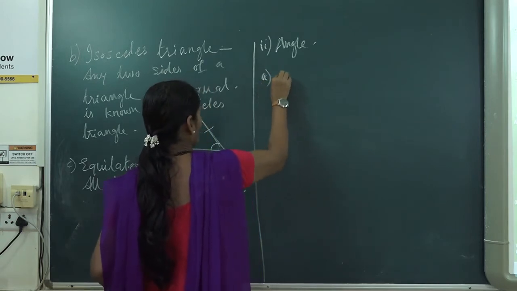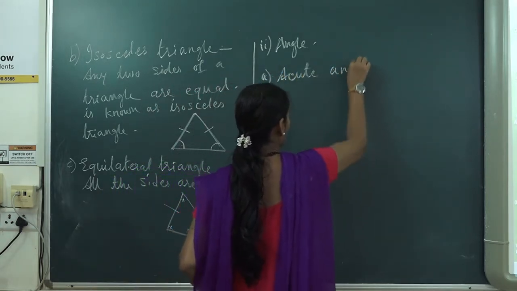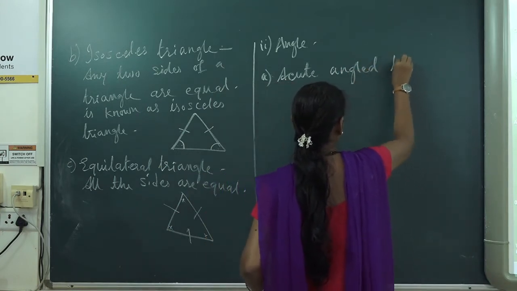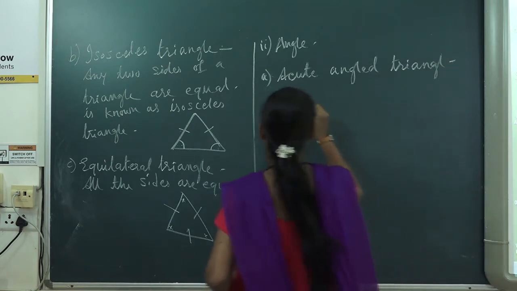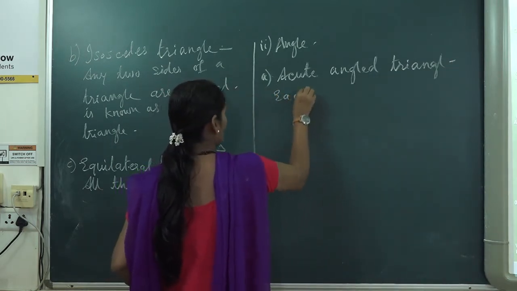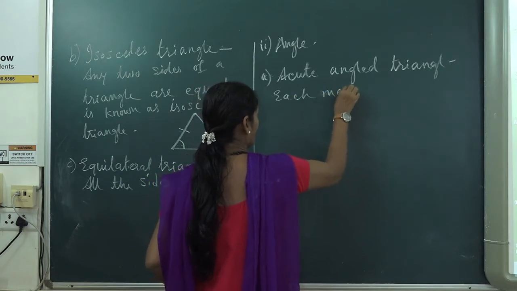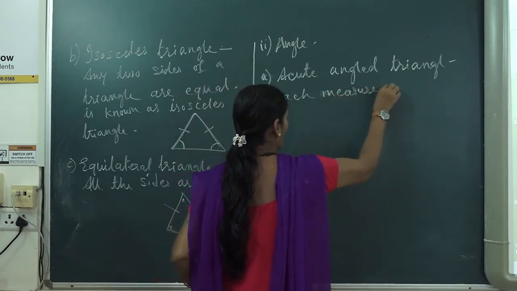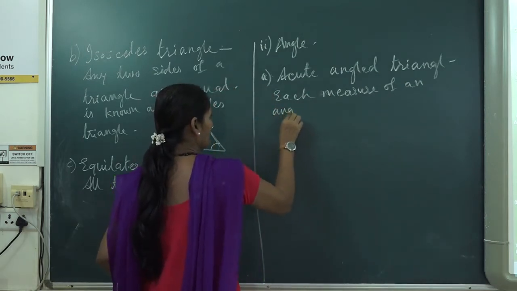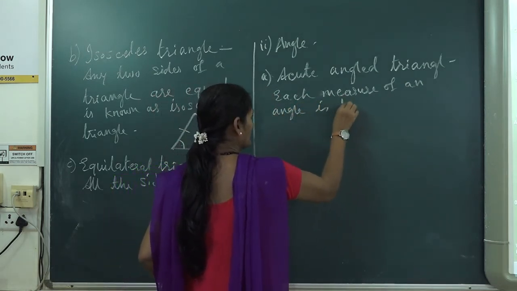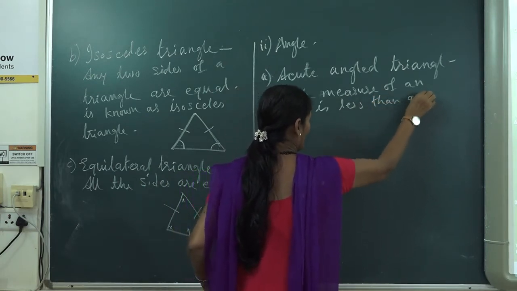Acute angle triangle: the measure of every angle is less than 90 degree.